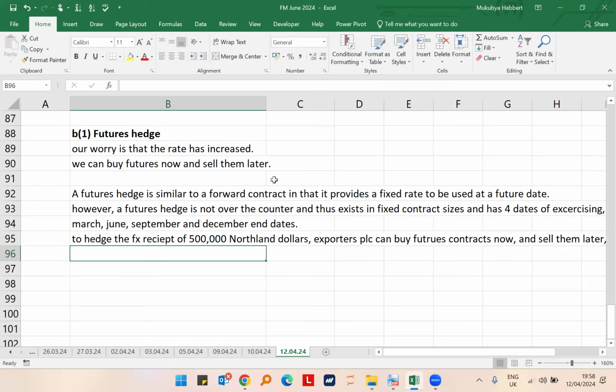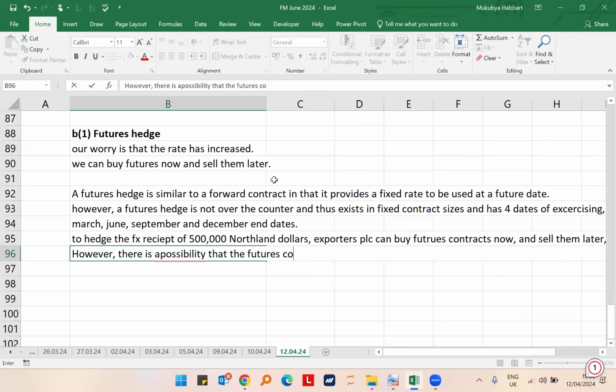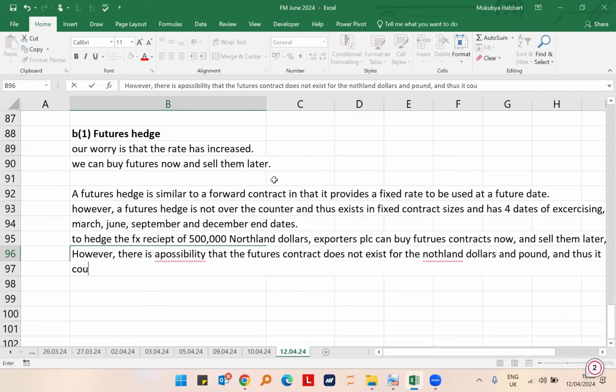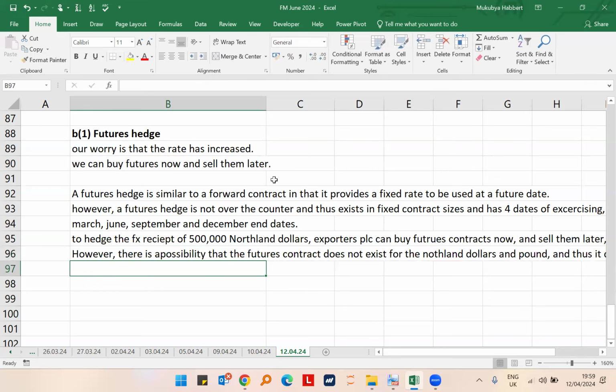However, there is a possibility that the futures contract does not exist for the Northland dollars and pound, and thus it could not be obtained from the market. That's why the over-the-counter ones are better, because you go there and you ask for what you want.